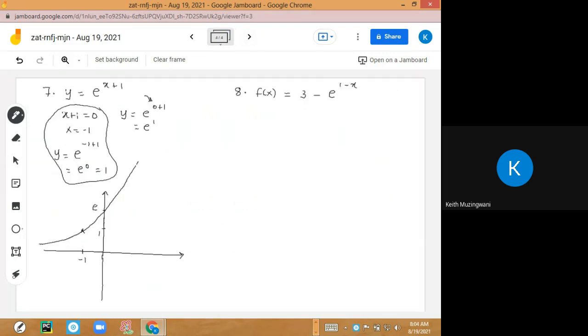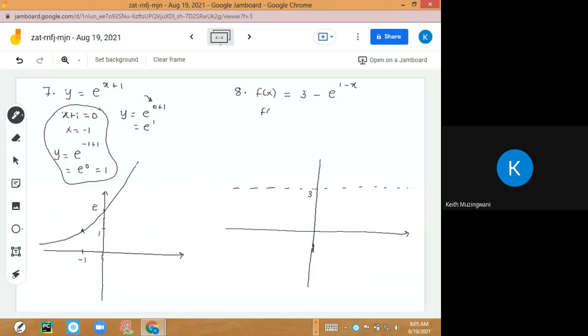Now, after knowing the family of curves, you understand that there's a shift by 3. So 3 is automatically going to be our asymptote. Then we know the shape. Then you go to what happens when x is 0.